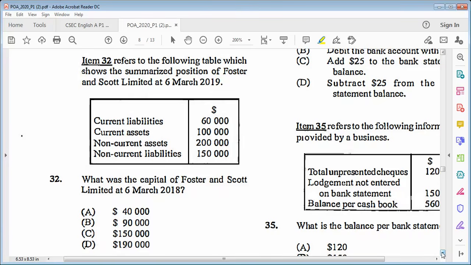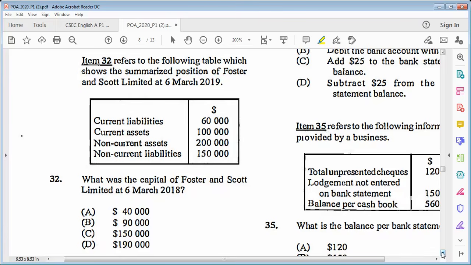So we know that our capital is equal to our assets minus liabilities. So what's our assets? Current assets, we have $100,000 plus non-current assets, that's $200,000. So we have $300,000. Our current liabilities, $60,000 plus $150,000. That's $210,000.